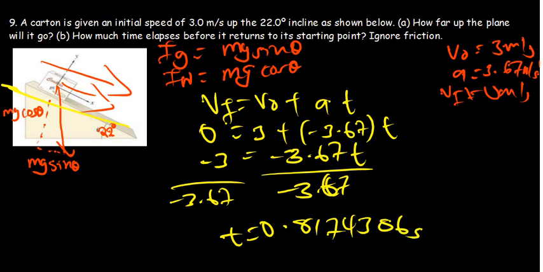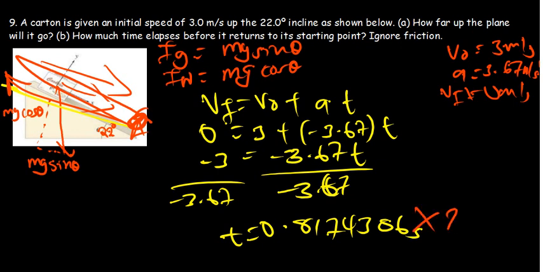This time is just from this point going up, but we want the time it takes going up and coming back to where it starts from. So we multiply this time by 2. Times 2 gives 1.6, so it takes 1.6 seconds. Okay, so that is the answer.